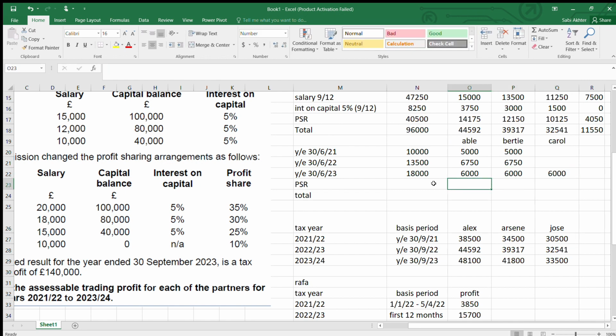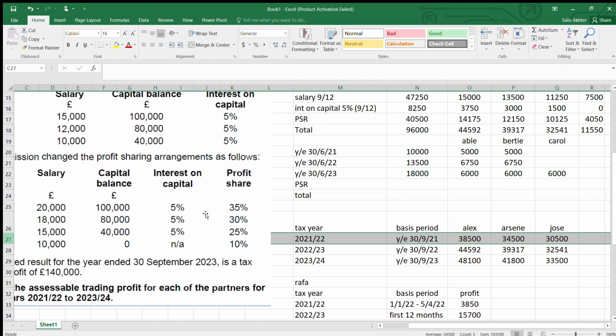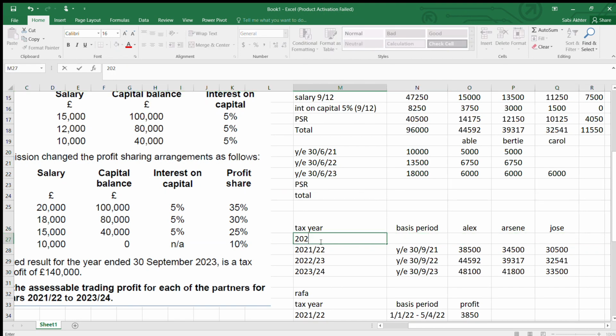Now, next, tax year. This will start from 2020-21. 4 tax years are there. Then here the basis period will be, just change the September to June. And here it will be 1st July 20.